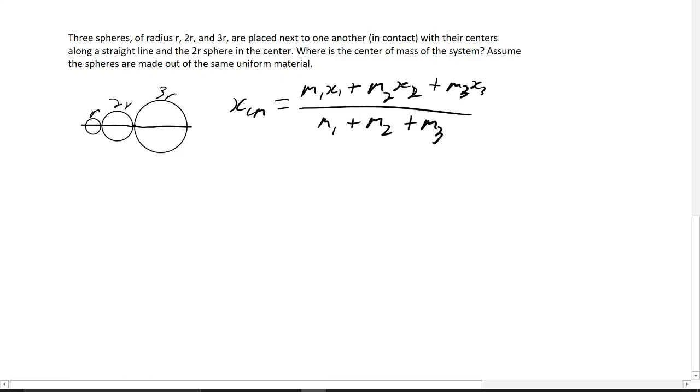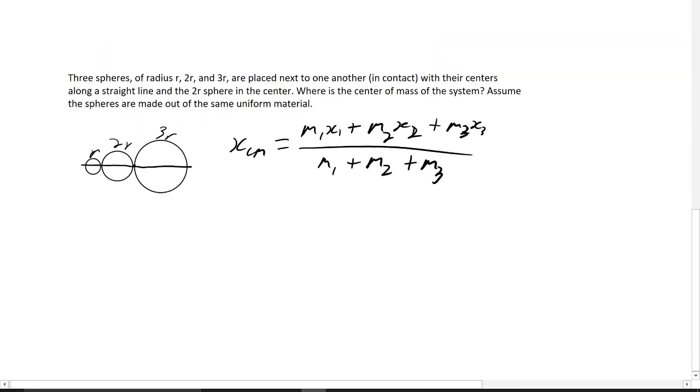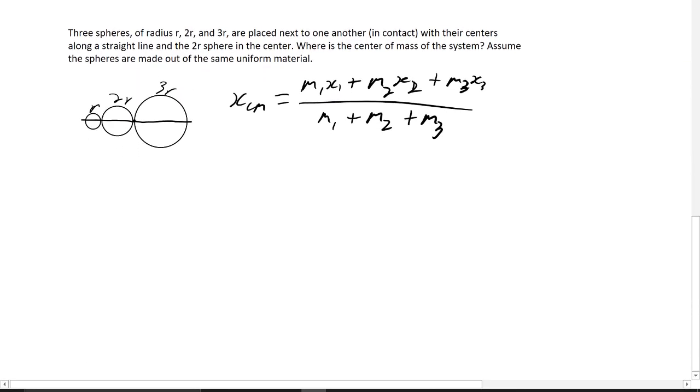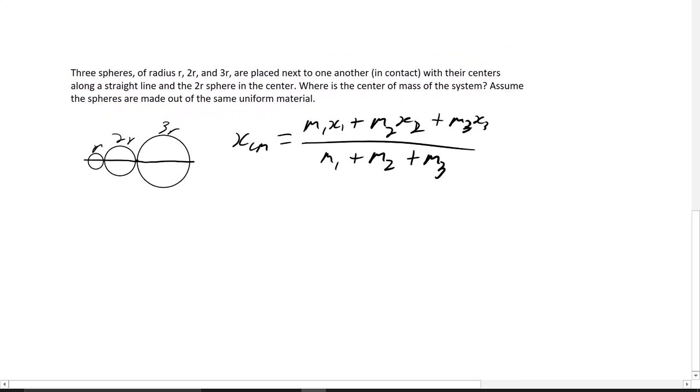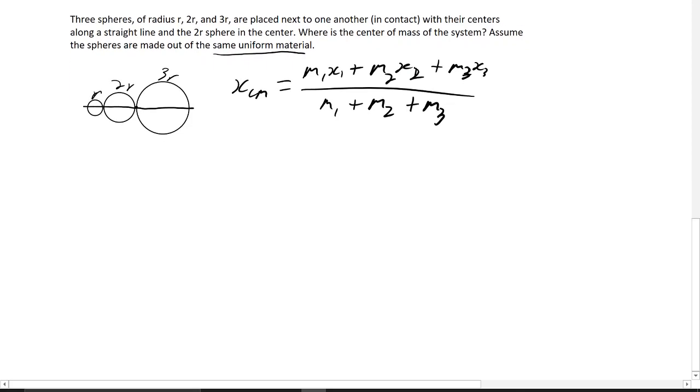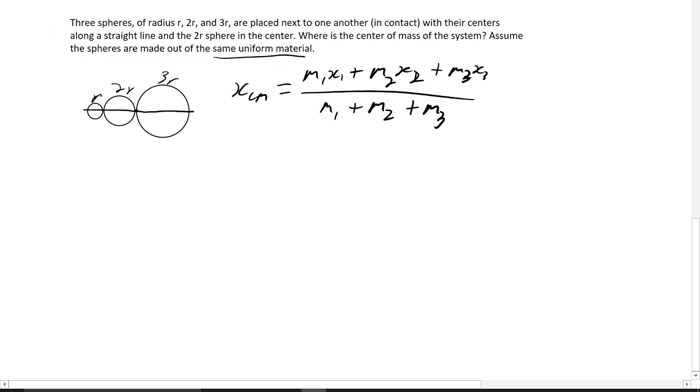And you may ask, well, Morgan, we are not given m, so how can we solve this problem? Well, actually, there is a clever workaround for this, because we're given this hint, same uniform material. And in this question, we actually have to use density.